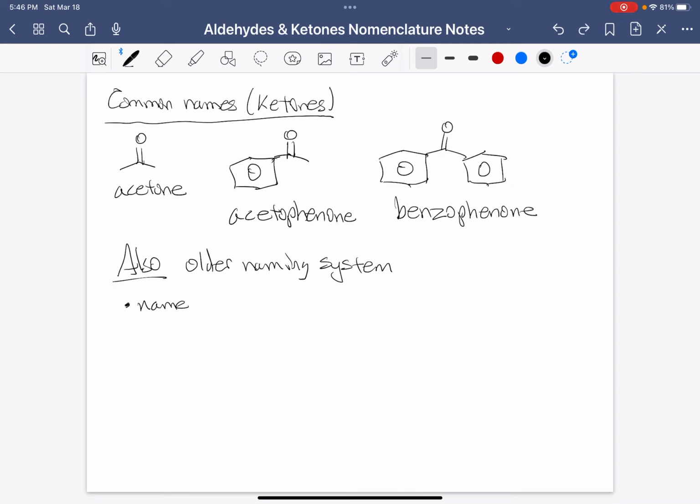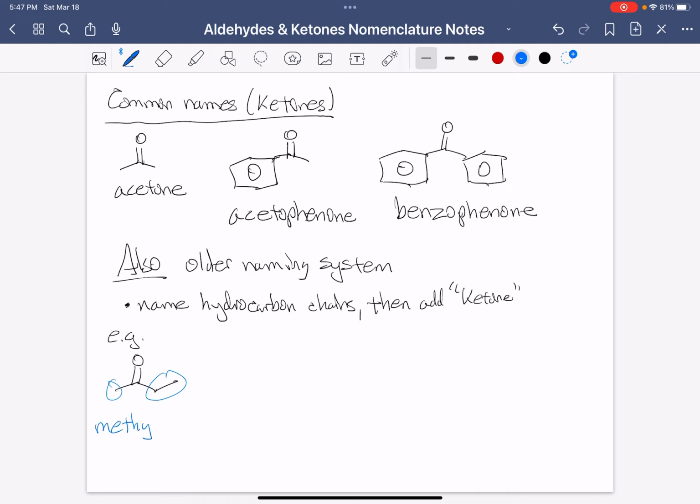So, for example, this is normally 2-butanone, or I guess you could just say butanone because there's no way to have a 3-butanone since you number just from the side closest. But anyway, this would be methyl ethyl ketone, because we have a methyl group and we have an ethyl group, CH3CH2.